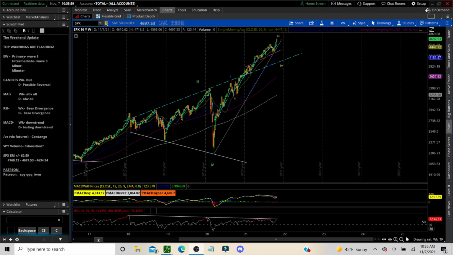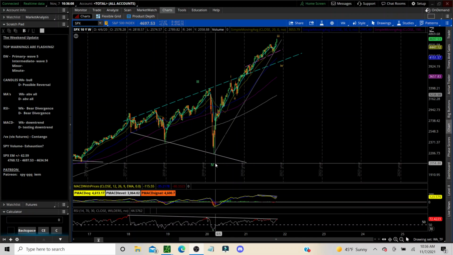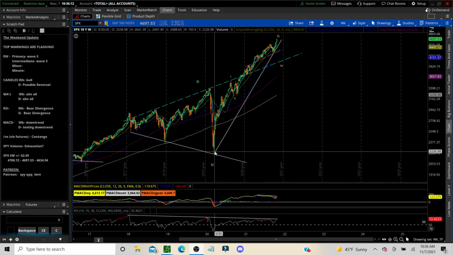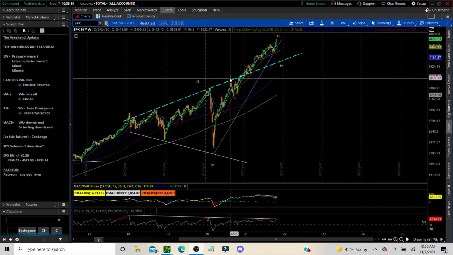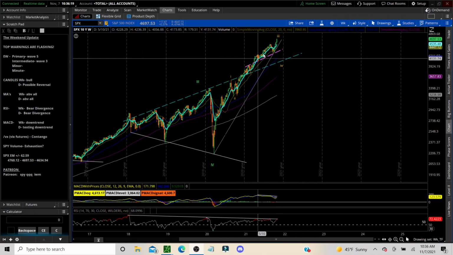So here we go. On the weekly SPX, we had wave 3, 4, and we're working on primary wave 5. Within that wave, we have a wave 1, 2, this is intermediate, 3, it looks like we were not done with 3 yet.